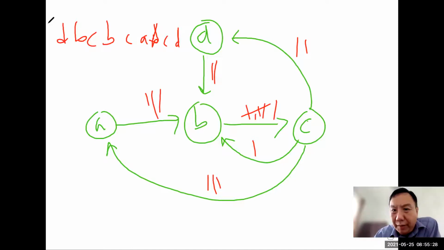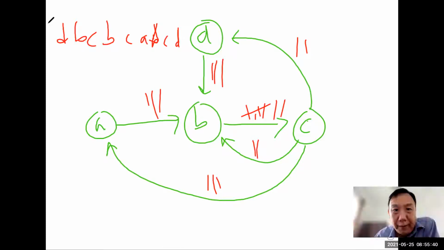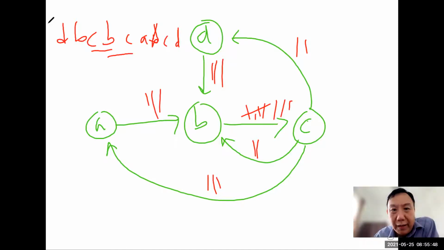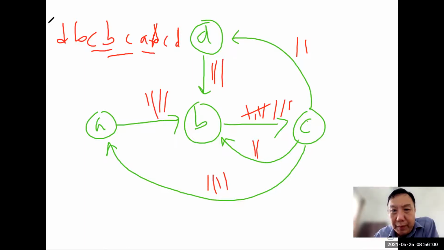D, B, so I put 1, and then B, C, and then C, B. After C, B, then B, C. Okay, B, C, and then C, A, and then A, B, and then B, C again, right? And then C, D. Is there another trajectory or is it finished? There's one more.